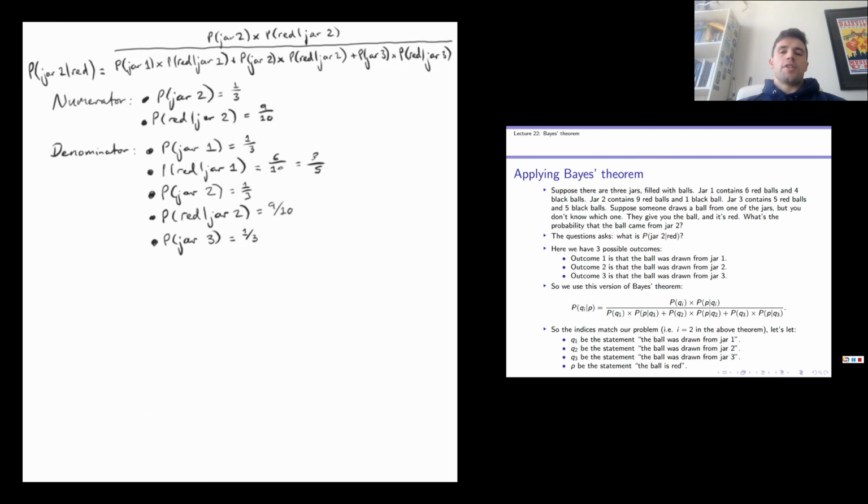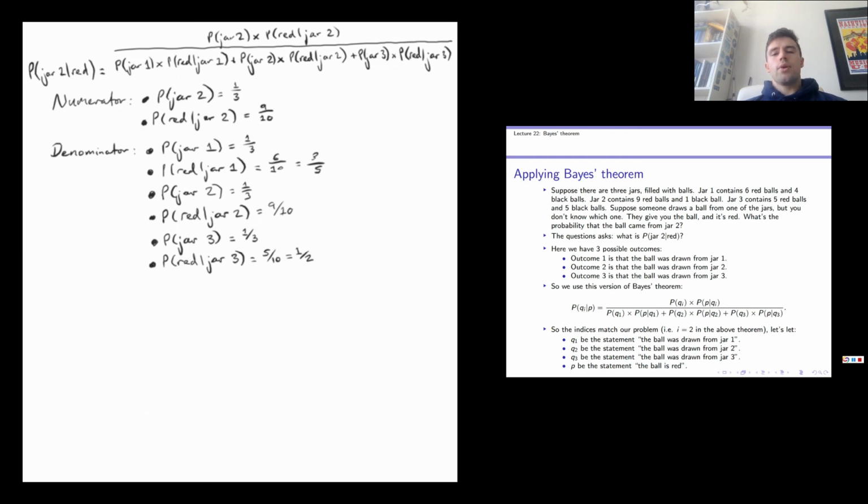And finally, to calculate the probability that it's red, given that it came from jar 3, we focus our attention on jar 3. The question tells us that jar 3 contains 5 red balls and 5 black balls. So the probability that the ball is red, given that it came from jar 3, is 5/10, which is 1/2. So now we've got everything we need on the right hand side.